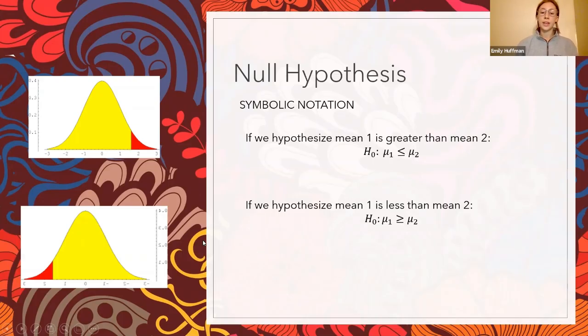And if we say that our hypothesis is that mean 1 is less than mean 2, we will also do the opposite and add an equal sign. So we will say that H naught is mu 1 is greater than or equal to mu 2. For this example, we stated that mean 1 is greater than mean 2, so we will choose this first one. And our graph will look like this.